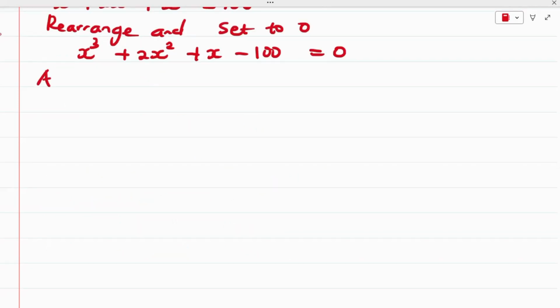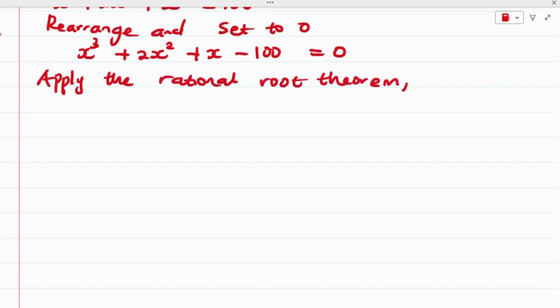So right here we want to simply apply the rational root theorem. Applying the rational root theorem, all we have to do is to find the factors of 100. So we want to simply find the possible roots from the factors of 100, and now I'm just going to write it out right here. So for the possible roots, we have plus or minus 1, since 1 times 100 is 100.